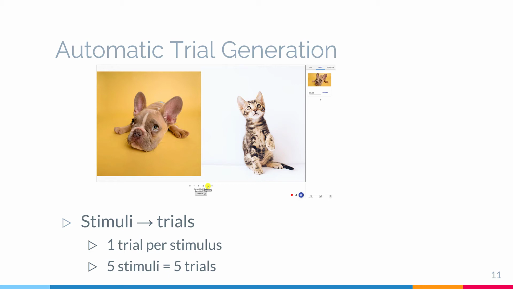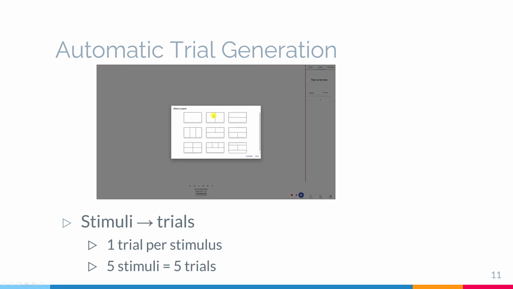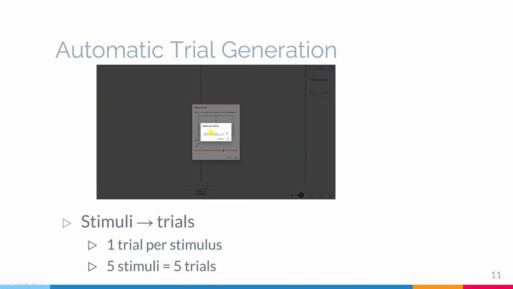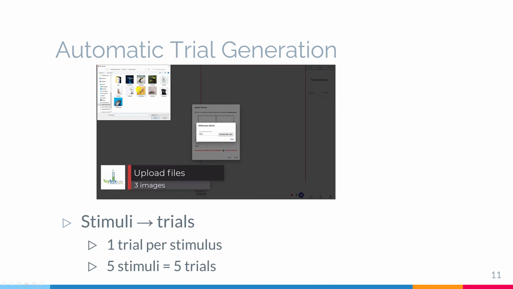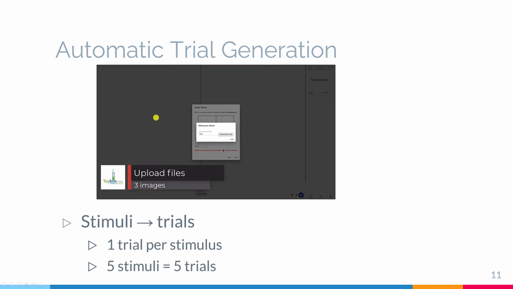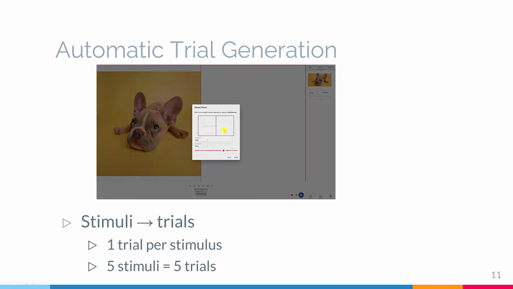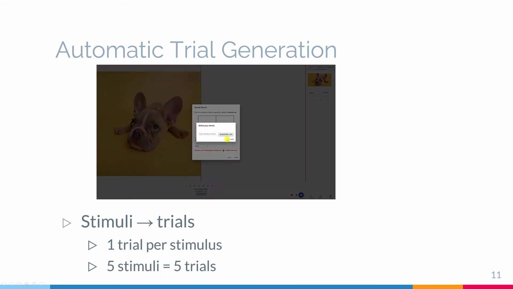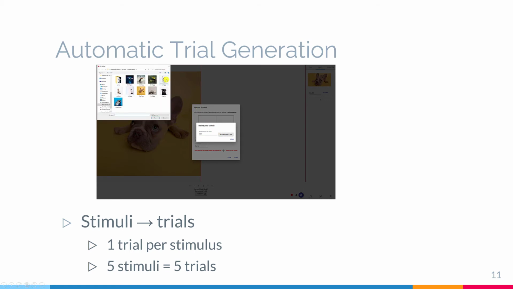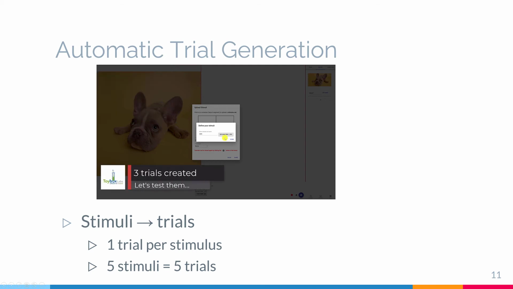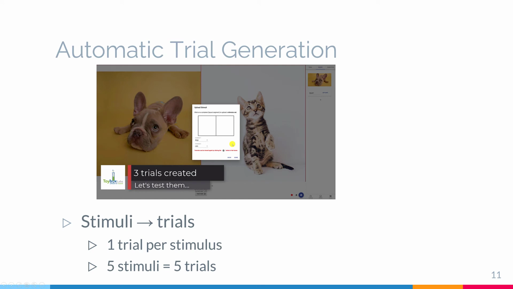This video demonstrates automatic trial generation. 3 stimuli were uploaded, so 3 trials were created.